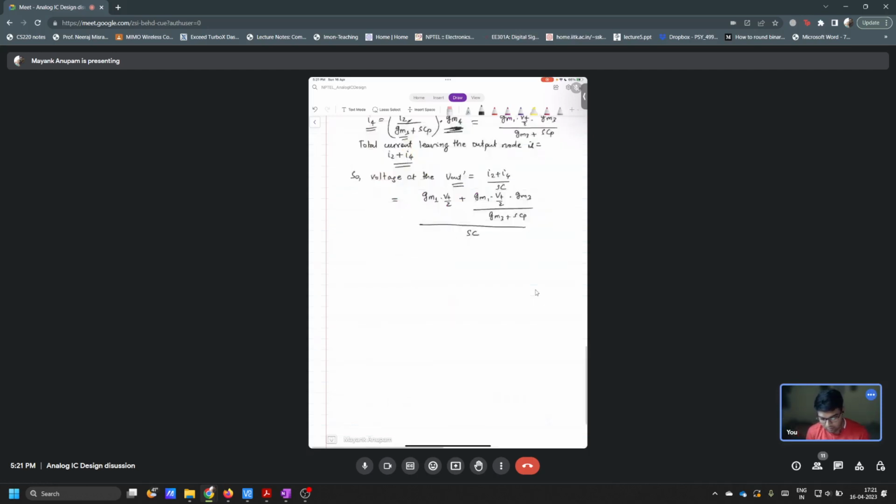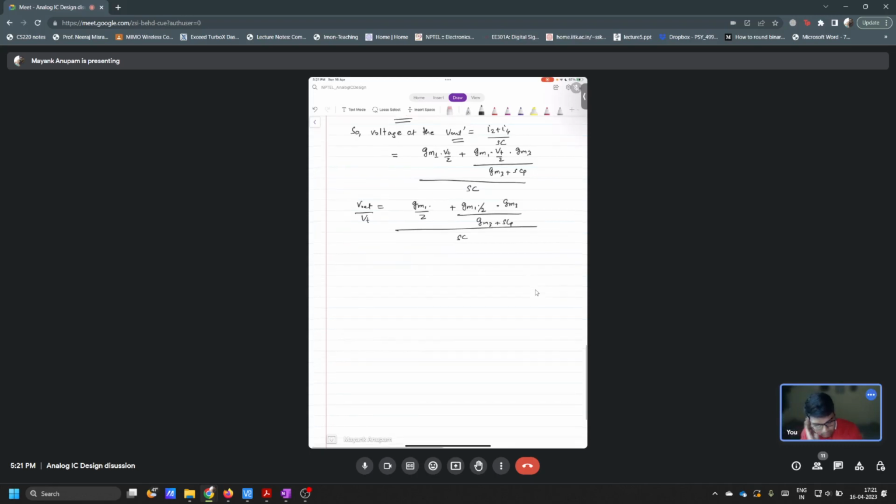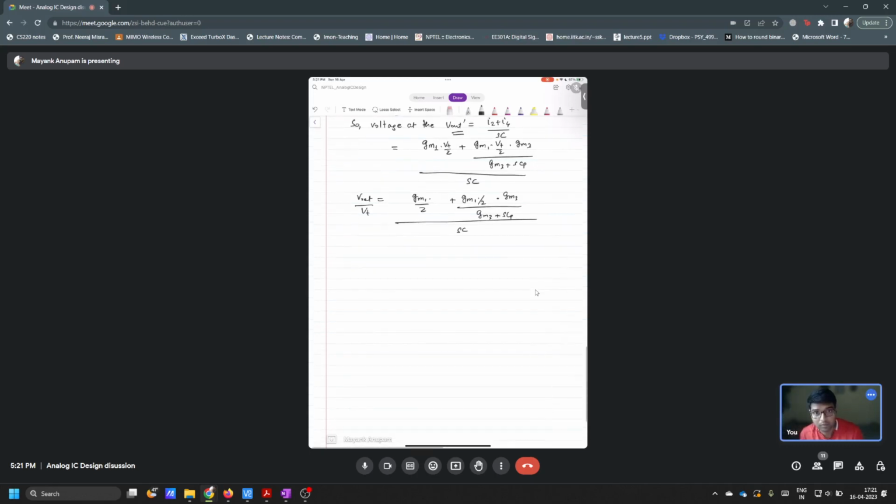So V return is basically GM1 times Vt by 2 plus GM1 times Vt by 2 into GM3 divided by GM3 plus SCP, divided by SC. So this is basically the loop gain.